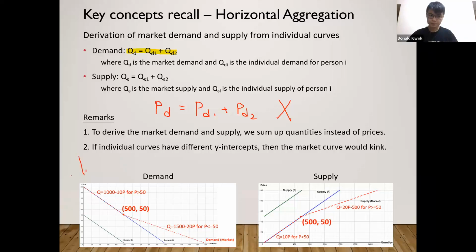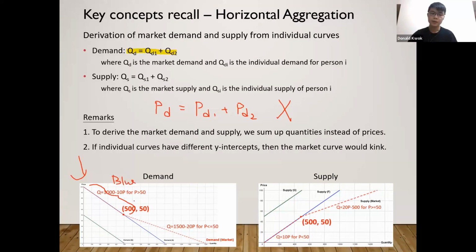Using the left-hand side diagram here as an example, as you can see, when the price crosses 50, there will be a change in the slope of the market demand curve. This change in slope is due to the change in the number of buyers across these price ranges. So when the price is above 50, only the blue buyers were able to buy at such a high price, while the green buyer is not going to buy any positive units.